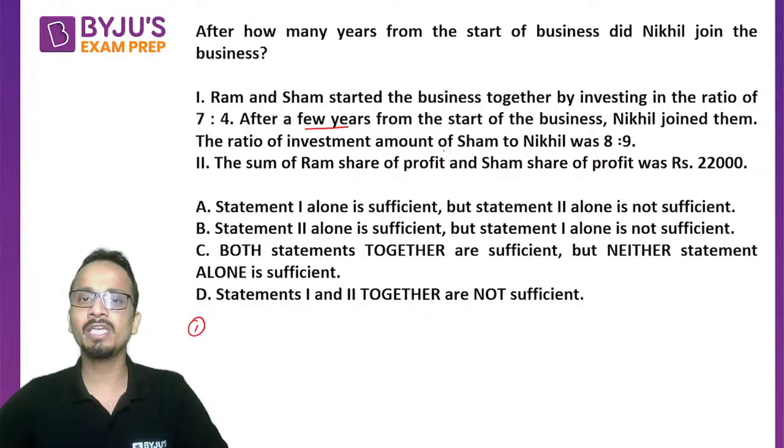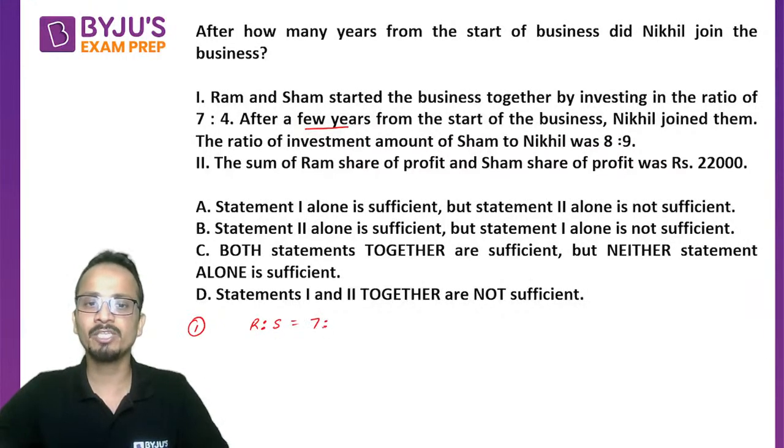The ratio of the investment of Sham and Nikhil is 8:9. So Ram is to Sham is given as 7:4 and Sham is to Nikhil is given as 8:9. This is the ratio of their investments.